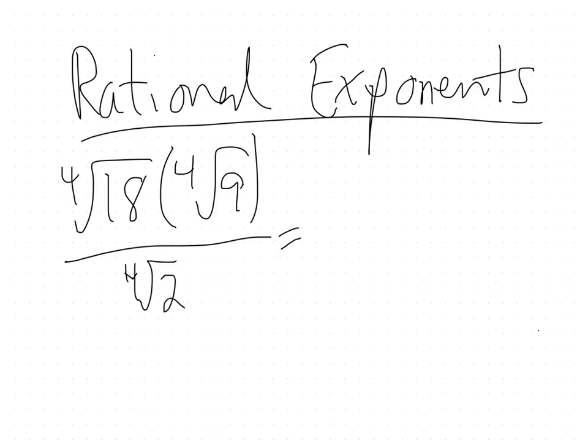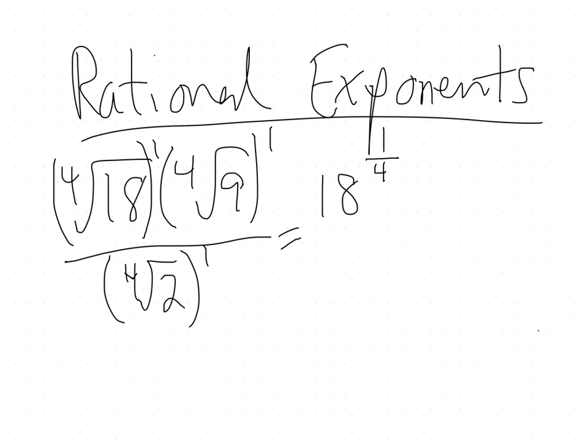So let's take these radicals and turn them into rational exponents. We start with that radicand 18. The root is 4, so that becomes the denominator in the exponent. And there's an invisible exponent 1 on each of these radicals, and that invisible exponent 1 becomes the numerator.